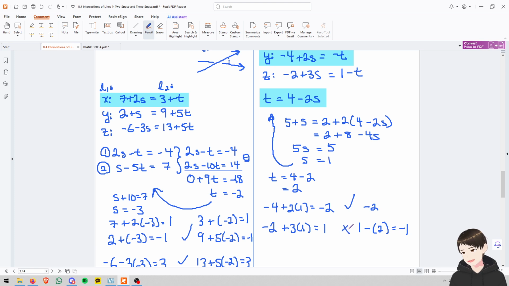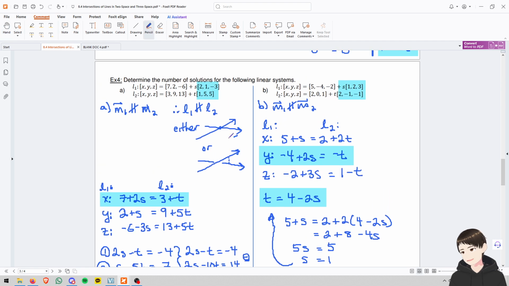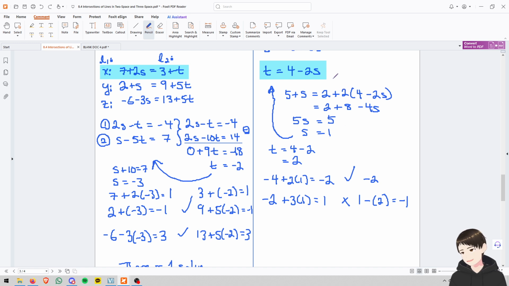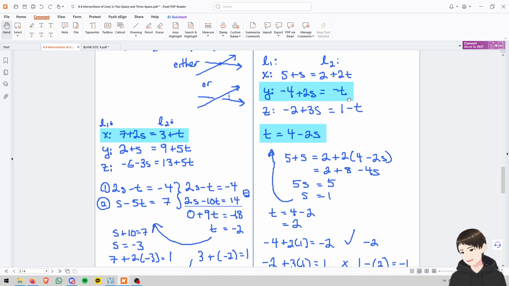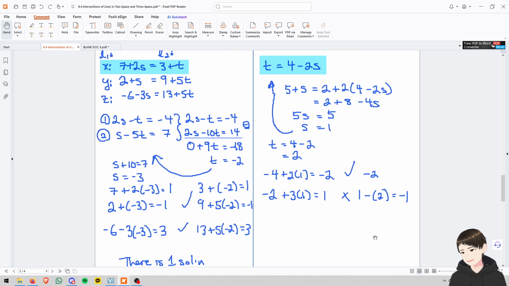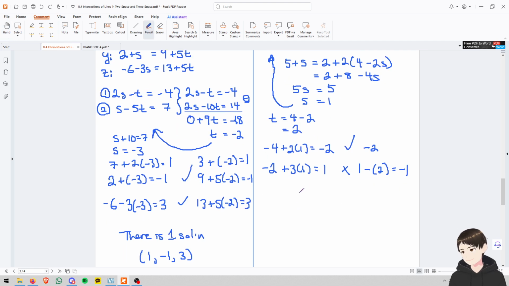Ooh, does not check out. What does that mean? It means they don't have a point of intersection. They are skew lines. The s and t that make the x value equal do make the y value equal, but do not make the z value equal. And so there is no point of intersection. So I will say there are zero solutions. The lines are skew.